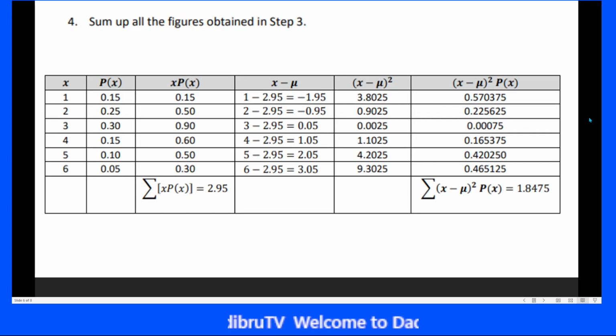So for the next step, we will get now the summation of the product of p(x) and the square of the difference of x minus the mean.